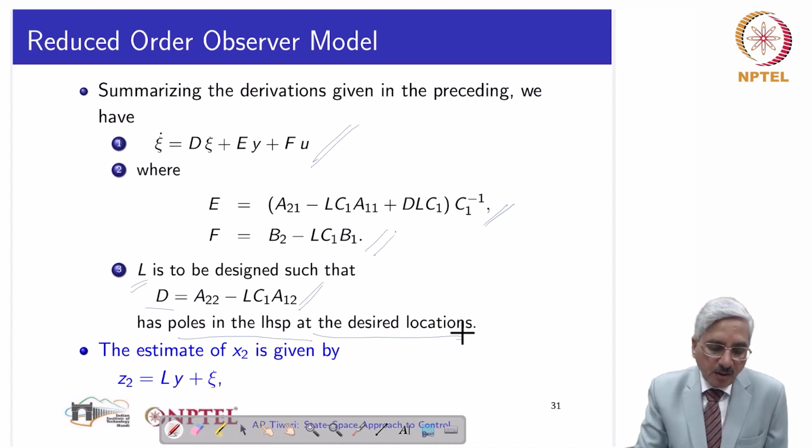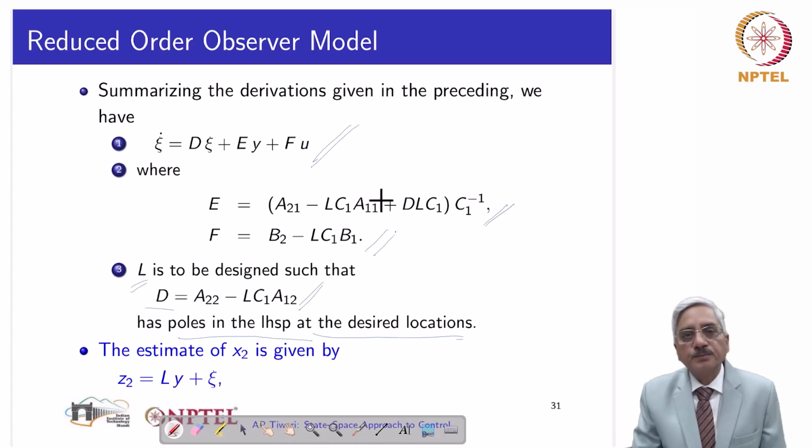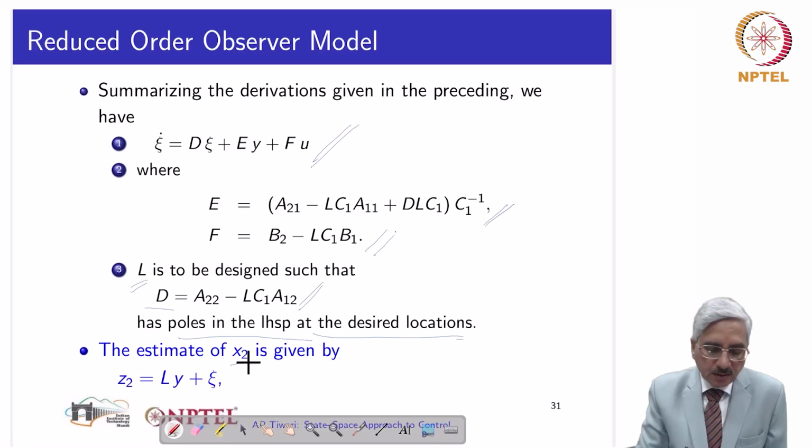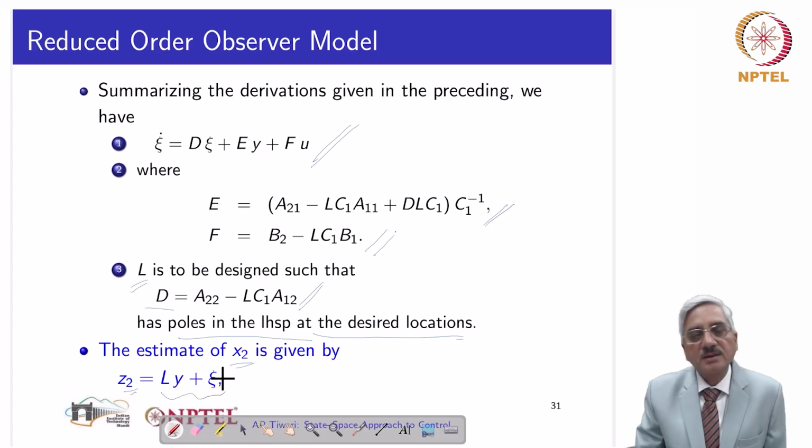And once we have obtained L, then this E and F are fully known. And the estimate of the state x2 will be z2 given by this one, Ly plus J. So that is all the reduced order observer is.